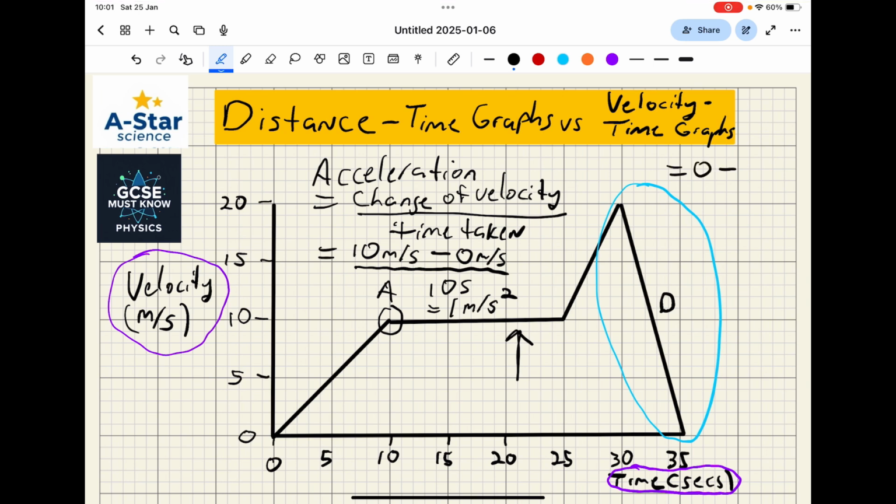The initial velocity was 20 meters per second. The time it took was 5 seconds. That would equal minus 20 over 5, which is minus 4 meters per second squared. And so that object was decelerating. Even though it's a minus sign, that means it's decelerating.